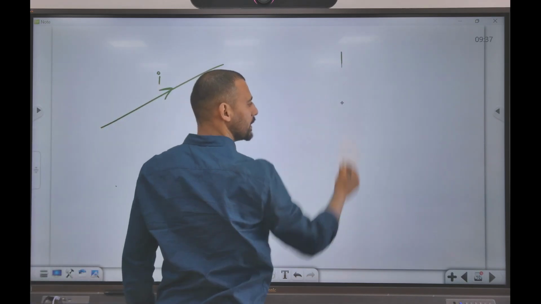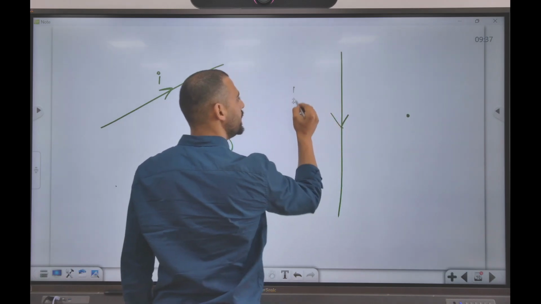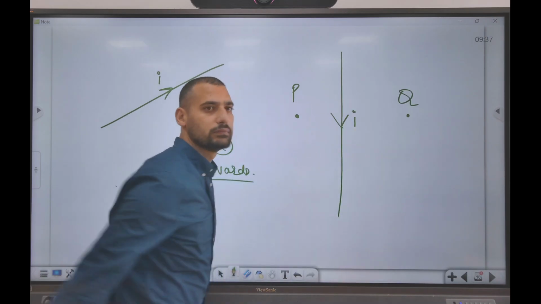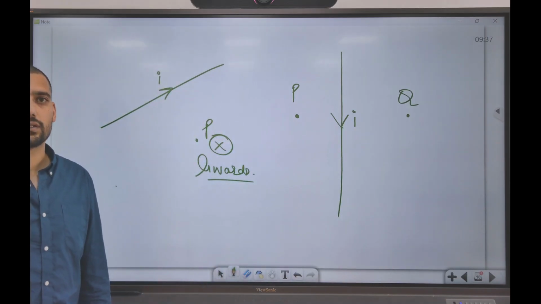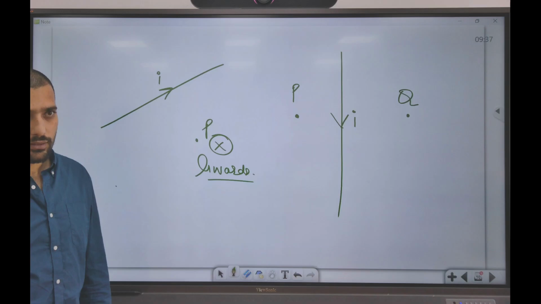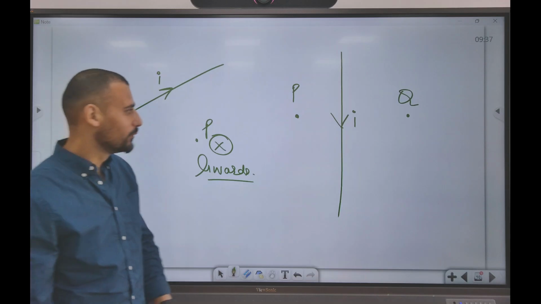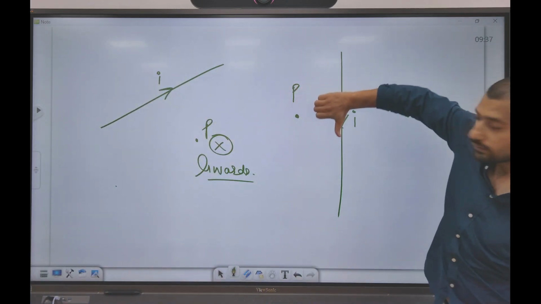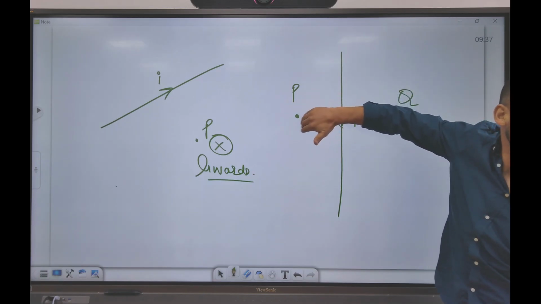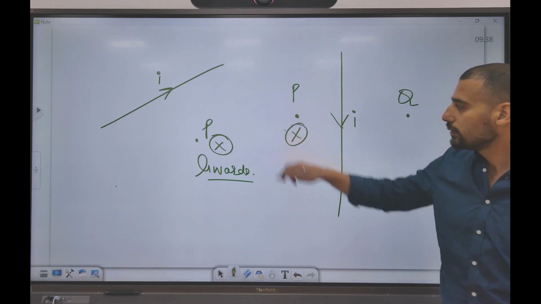Now tell me, what is the direction of the magnetic field at both the points P and Q, but the current is flowing down. Try it out. Yeah, good. Q is outwards and P is inwards. See what you have to do. The fingers are going in at point P, isn't it? So that means this is a cross.